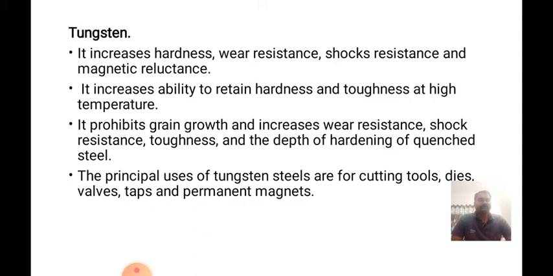The tungsten coil is used in the light bulb. As the temperature is higher, suppose we are using that light bulb overnight, what will happen? The coil must withstand the higher temperature. That's why instead of copper, aluminum, or some other element, tungsten is used in the light bulb.